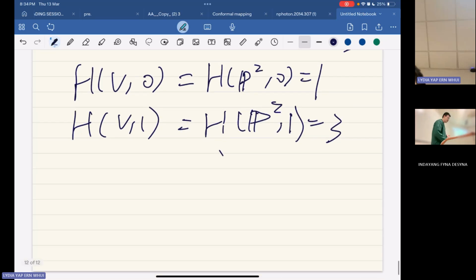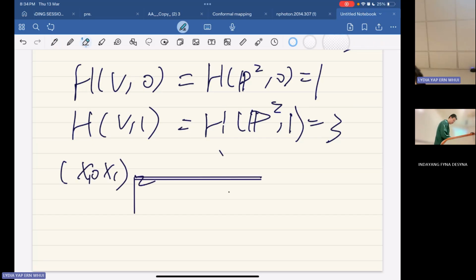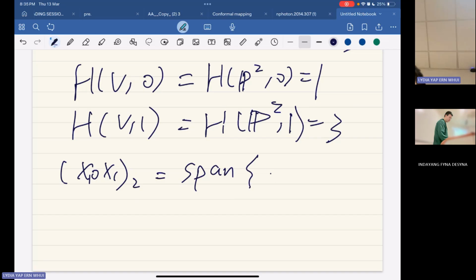And we can see that if we consider the ideal in the second grade, we can see that this is spanned by what? Spanned by x0 x1, right? So if we quotient by this ideal, this one dimension just vanishes, right?